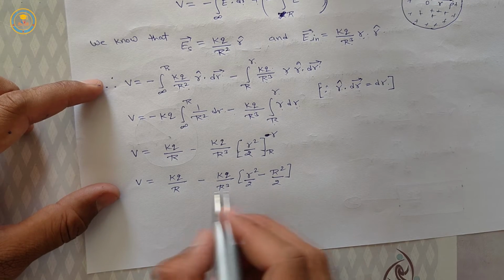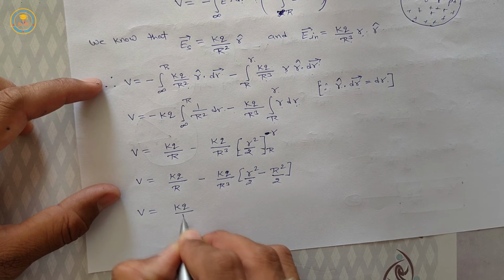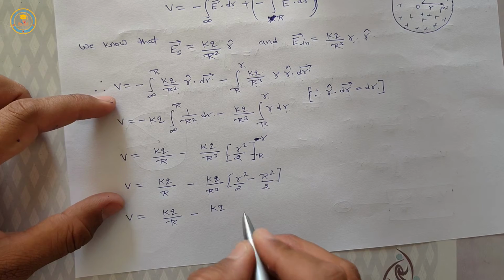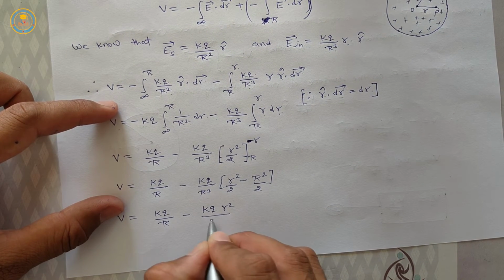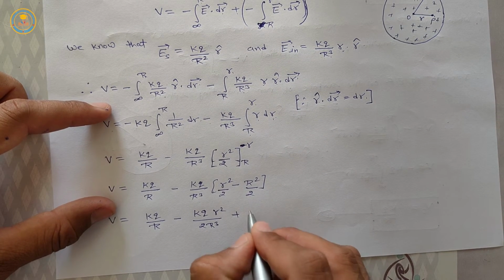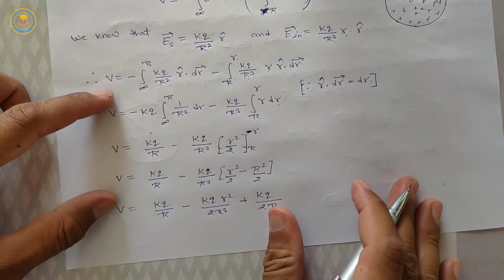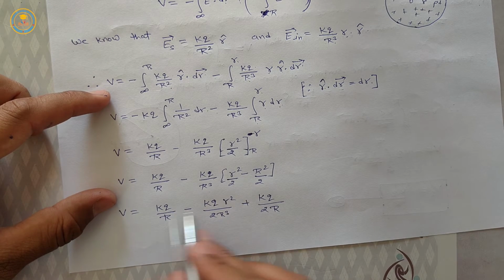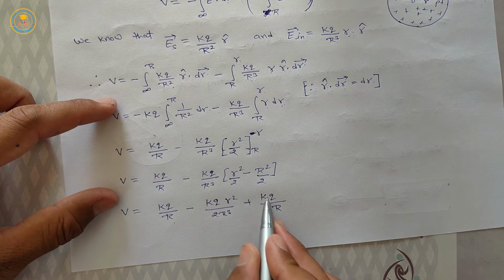Multiply this term in this equation, then V is equal to kq upon capital R minus kq r square upon 2R cube, minus minus plus kq upon 2R. kq is common in all terms, and this is 1 upon R plus 1 upon 2R.